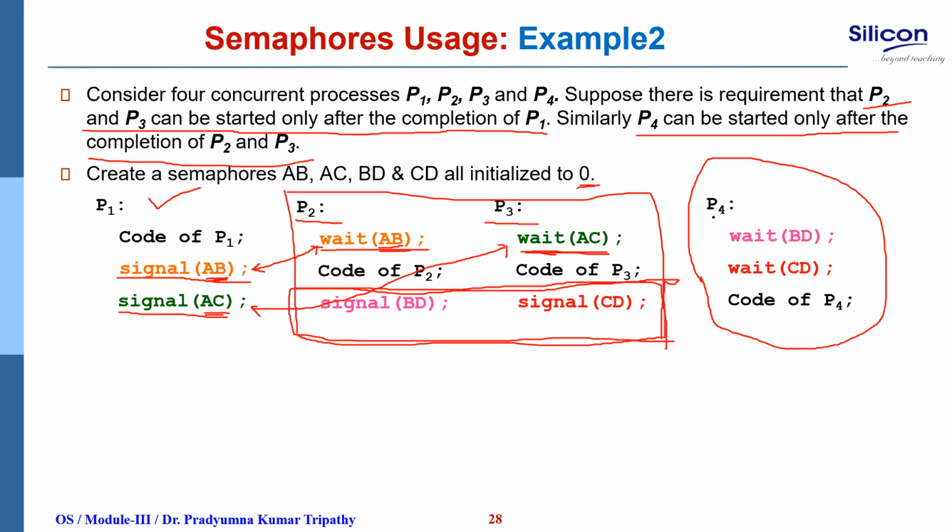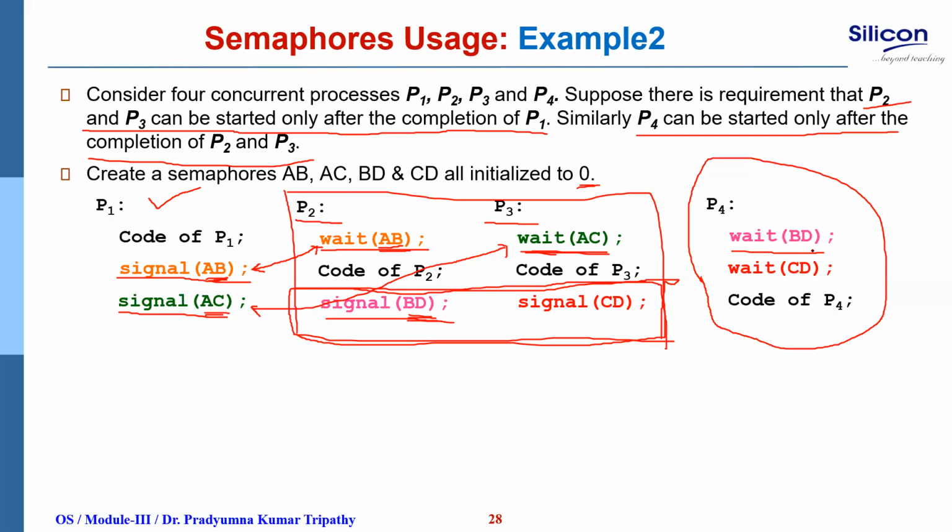So P4 will give a wait over here by taking a semaphore, and here I give a signal operation in P2. That means P2 will definitely execute. It doesn't have any restriction, but while coming out, it will increment the semaphore. Signal operation increments it.